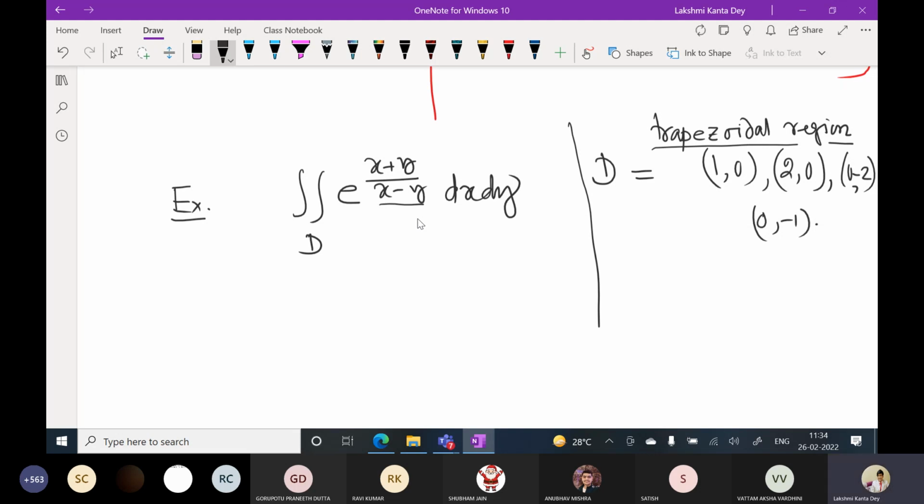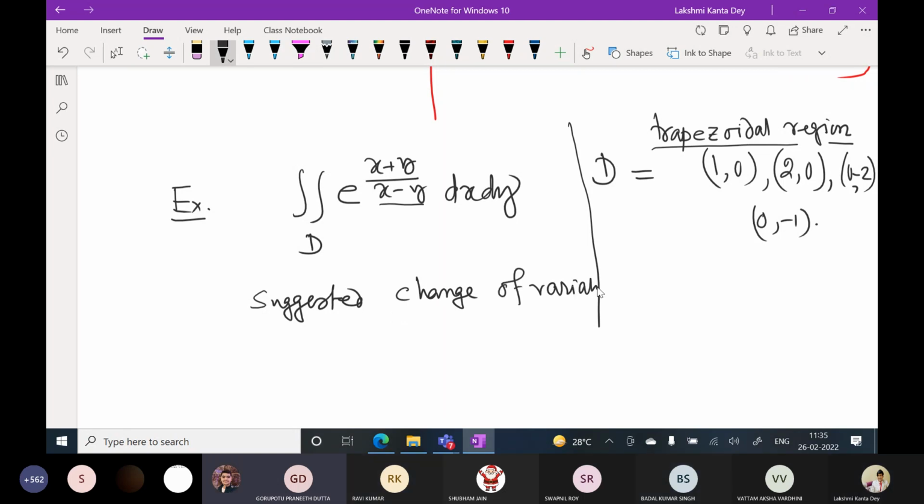So we need a suggested change of variables. Sir, we assume x plus y as u and x minus y as v. Sir, we can take x by x minus y as u and y by x minus y as v. Yes, that would be better. Second one is better.